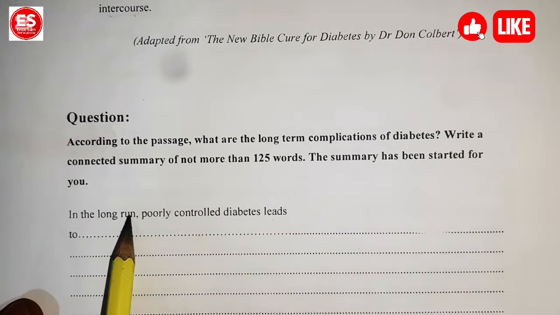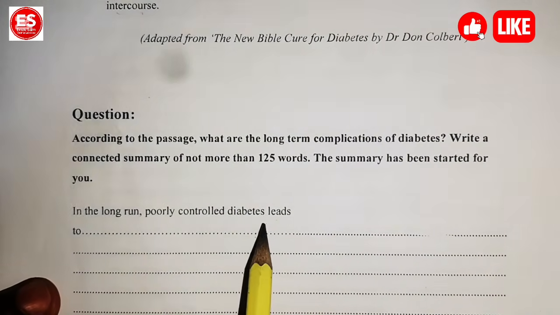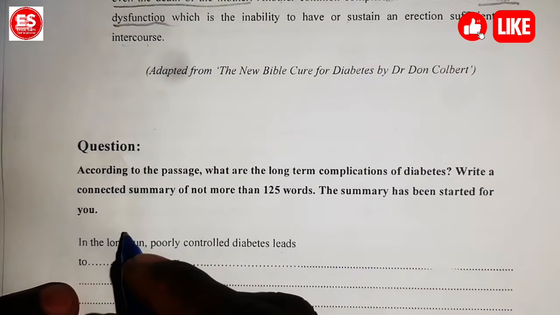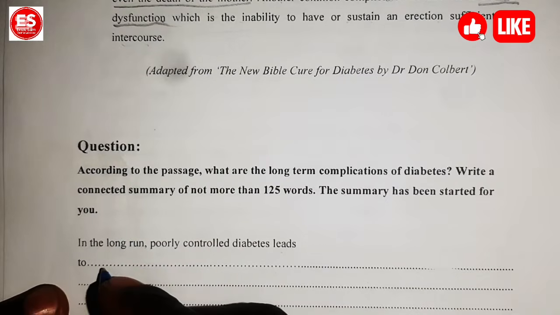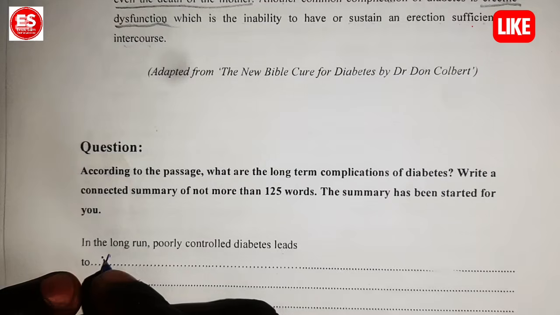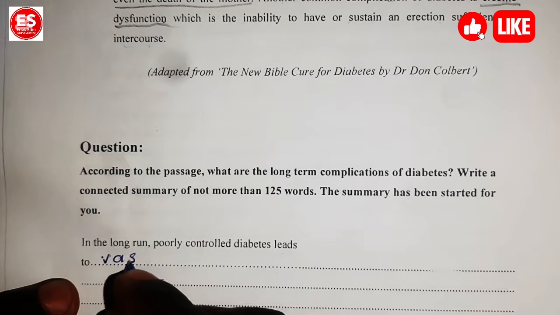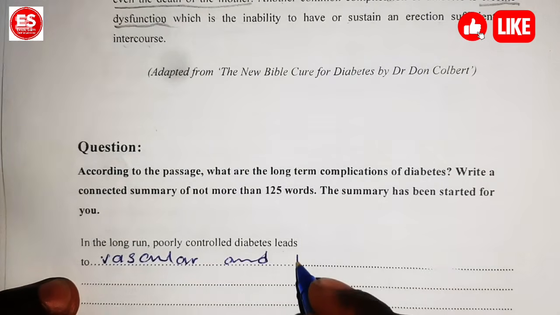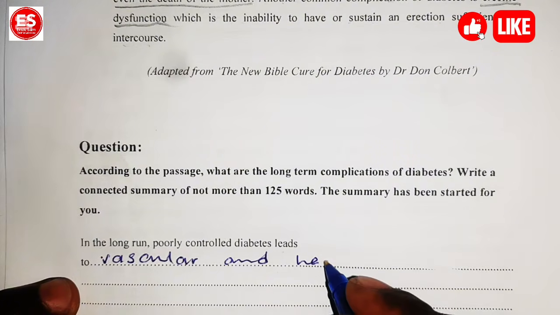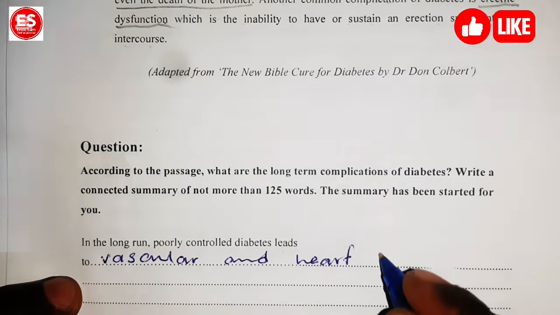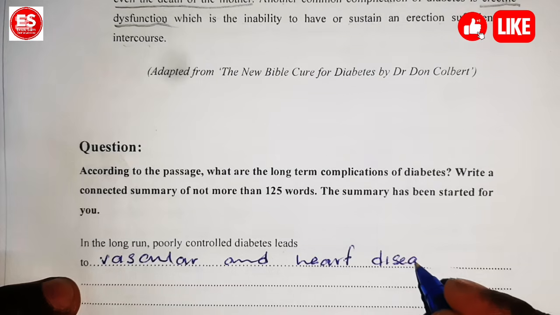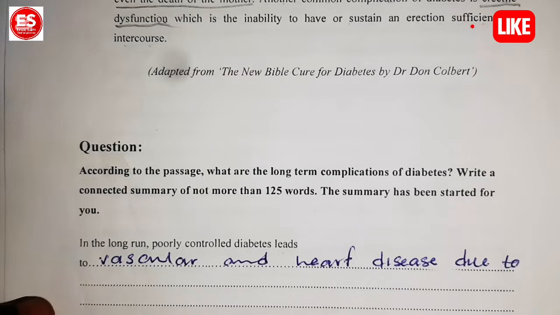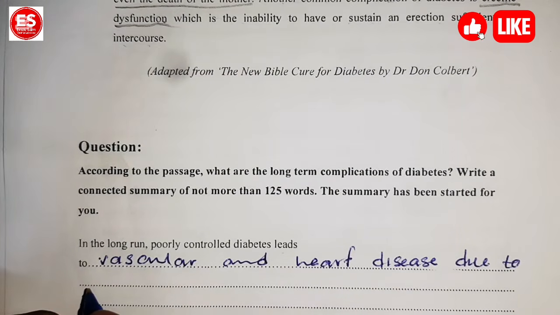They've said in the long run, poorly controlled diabetes leads to vascular and heart disease due to, so you are introducing some new words just to connect the points.